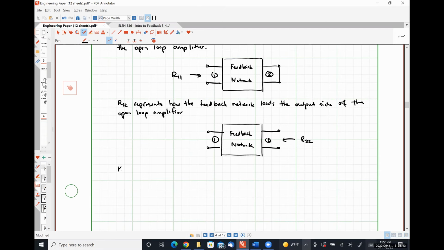So our feedback factor K represents the transmission of our signal from port 2 to port 1 of the feedback network with port 1 open circuit.